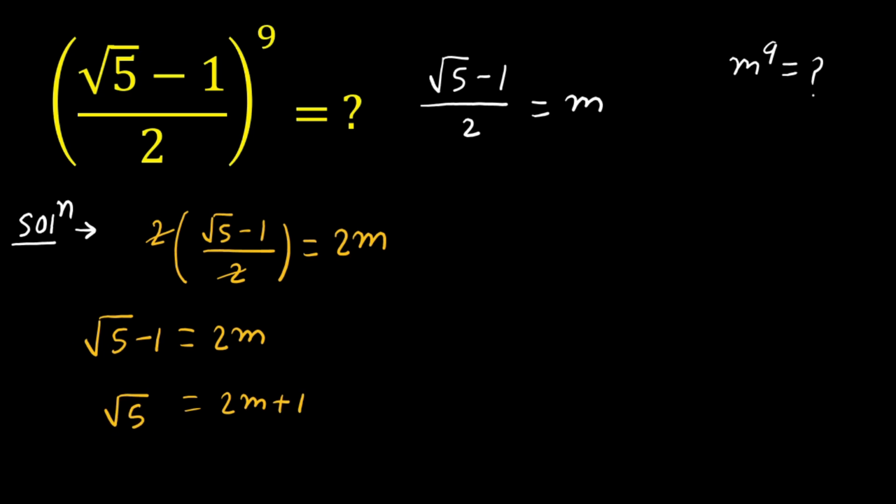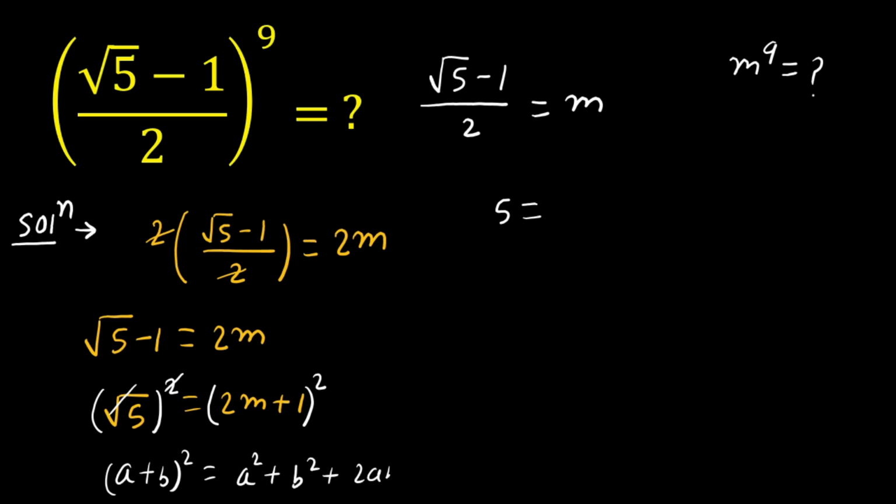If we square both sides, then on the left hand side square root of 5 squared, and on the right hand side (2m plus 1) whole squared. The square cancels the square root, so 5 equals, applying (a plus b) whole squared equals a squared plus b squared plus 2ab, (2m) squared plus 1 squared plus 2 times 2m times 1.